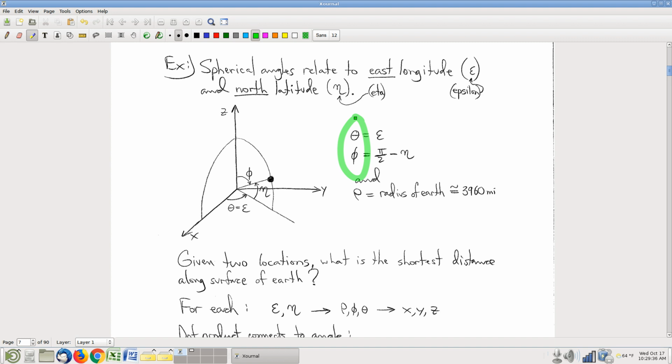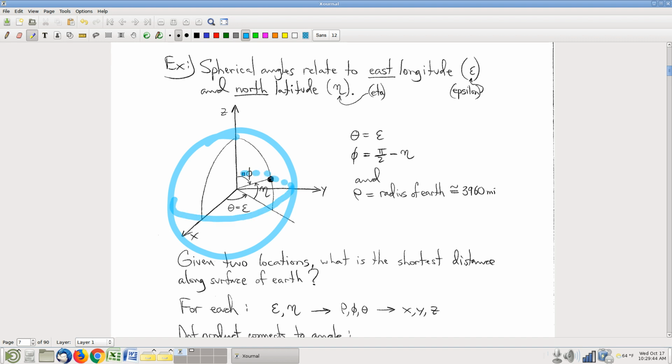In fact, if you were to draw your Earth like this, right, and if you were to make this the Greenwich line, right, and let's see here. Well, then, with that setup, notice theta is just east longitude.